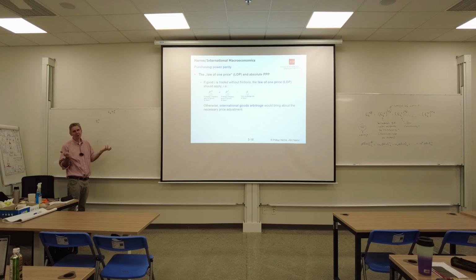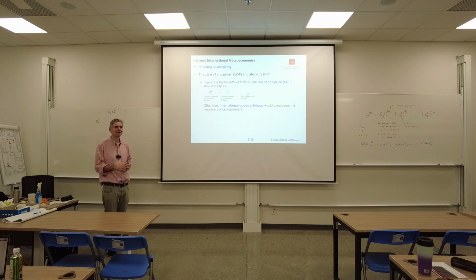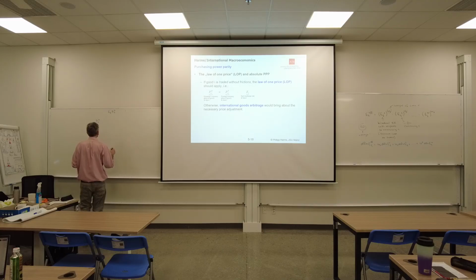Now suppose you jump from Thailand to Cambodia, and that doesn't cost you anything, and you can take as many mangoes with you as you like, and you jump over. Now suppose that there's a difference, right? This is the price in Thai baht.